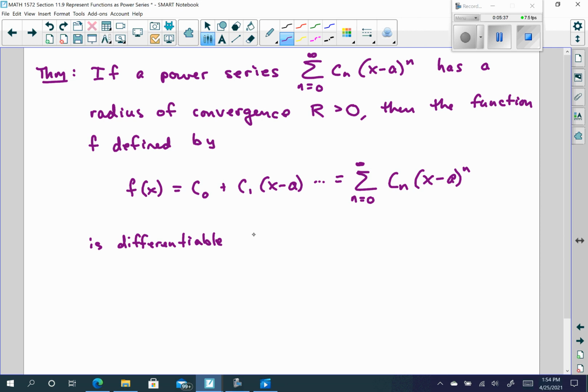And thus continuous on the interval of convergence, which is a minus r. Remember, it's going to be centered at a, so that would be r units to the left of it, to a plus r.